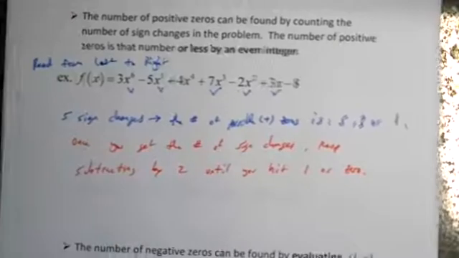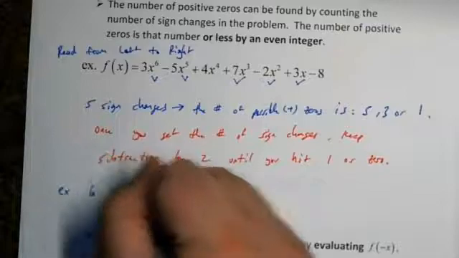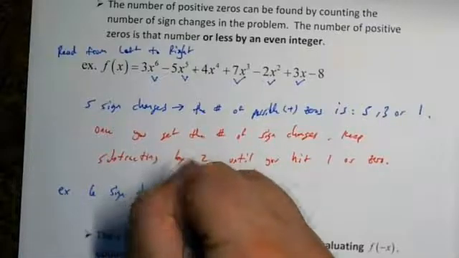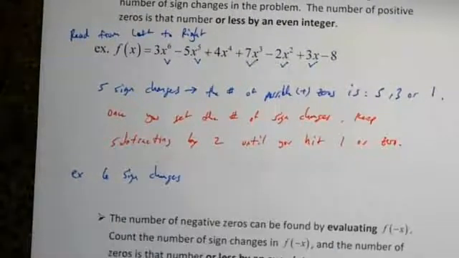So let's say for another example, there are 6 sign changes. So let's say we do it again, and this time there are 6 sign changes.